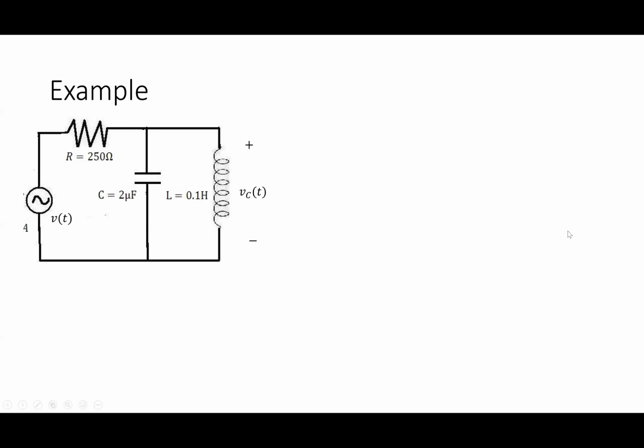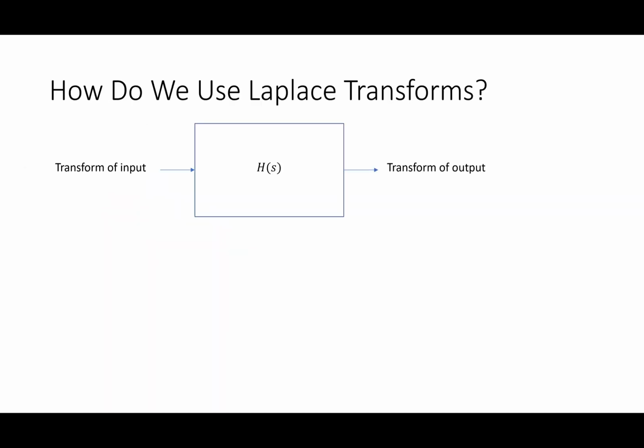So, all right, let's take a look at this circuit here. I've got V of t, a resistor, a capacitor, and an inductor. The other day I introduced this idea of a transfer function. I can look at the circuit and use the Laplace impedance to go from a transform of my input to a transform of my output.